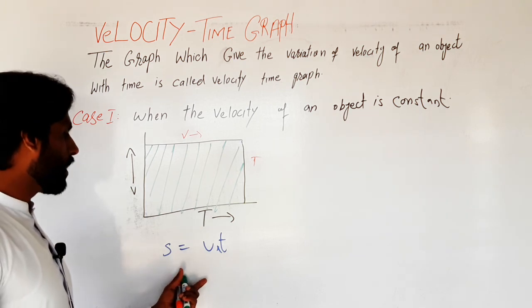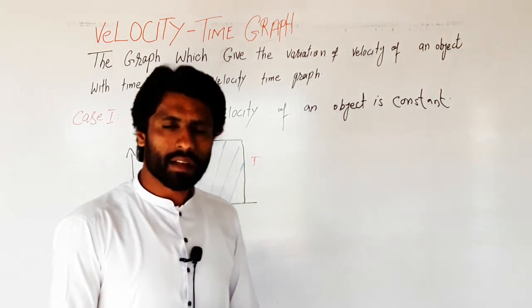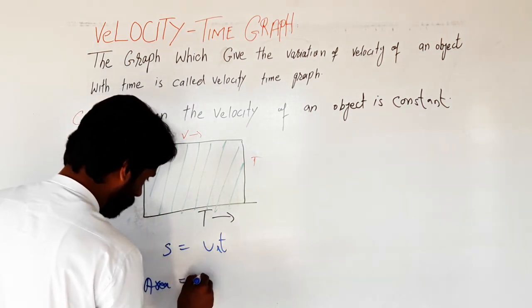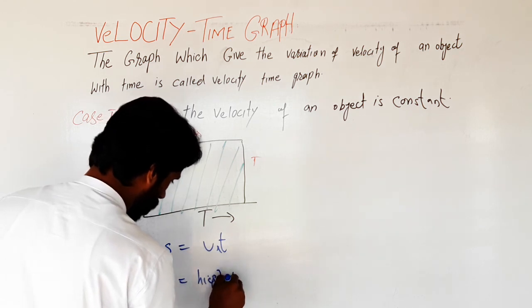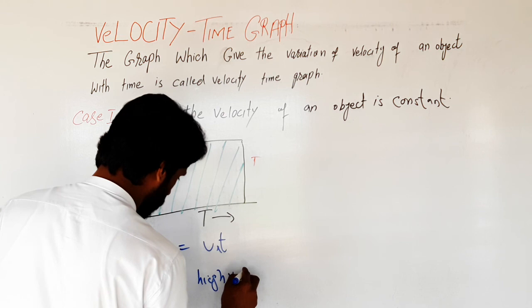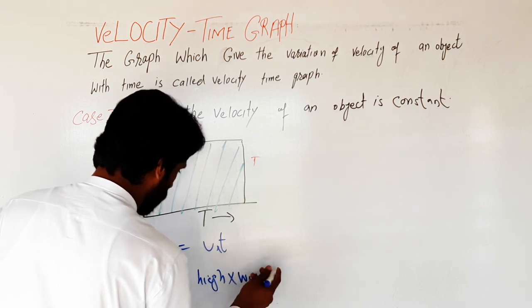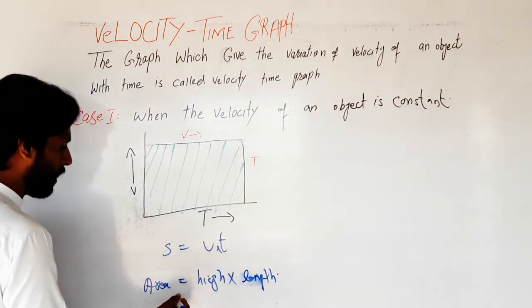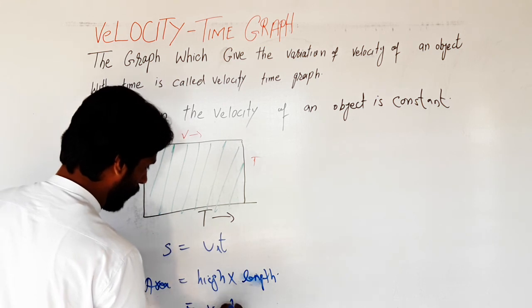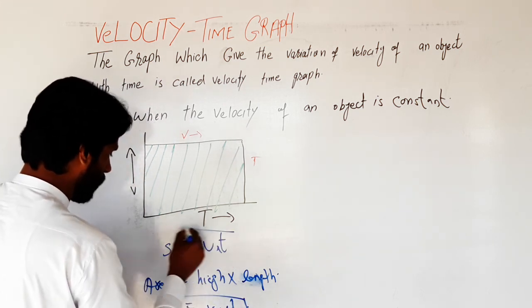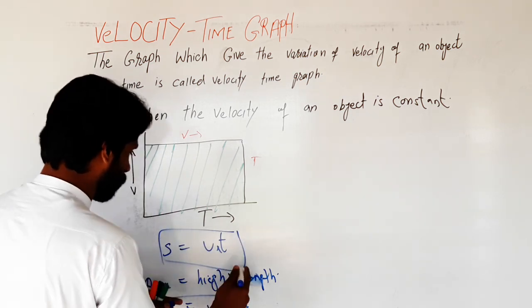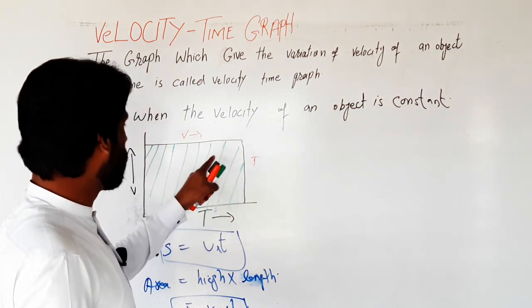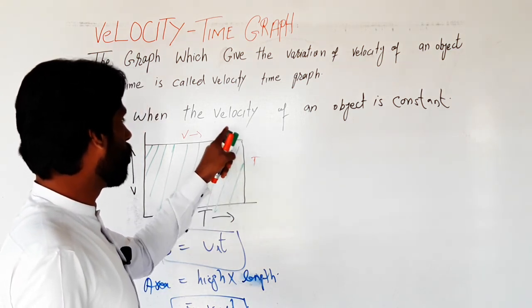This is known as the area. Area is height multiplied by width, or length. Here the height is V multiplied by T, and both equations are the same. That means the area is covered by an object with the condition of constant velocity.